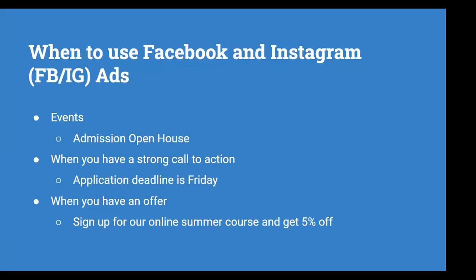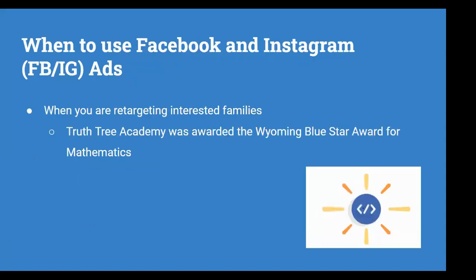Now, a couple that may not be as obvious or frankly have been overlooked in recent years as we've moved to Business Manager and having your own ads account. And that is to be sure, and this is the most important one, I'm going to repeat that, this is, I think, the most important aspect of Facebook that you can use for your marketing. That is retargeting interested families or parents who have interacted with your school online.